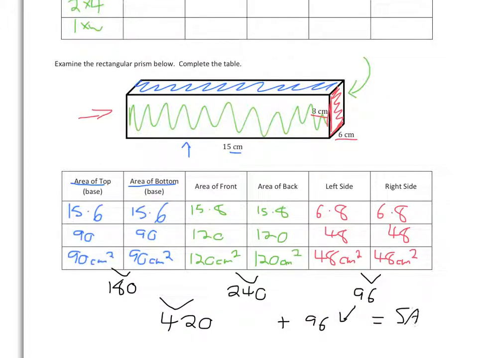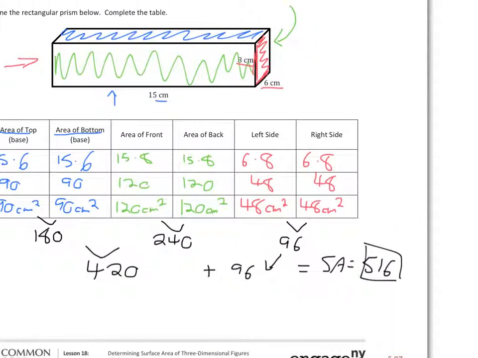So the surface area would be 514. 516. Sorry, it's very late. 516 centimeters. Oopsie. Centimeters squared. Yay.